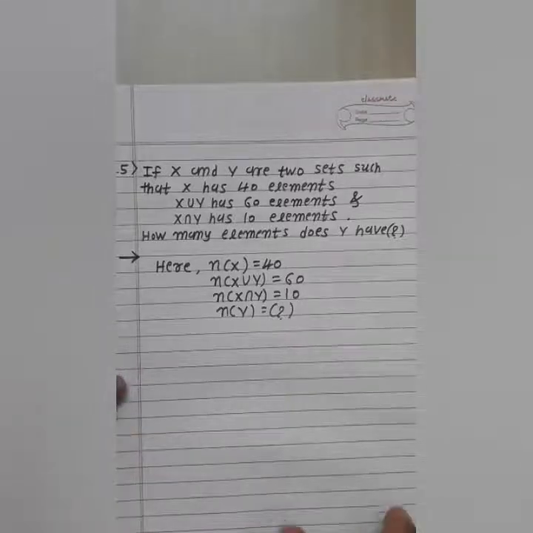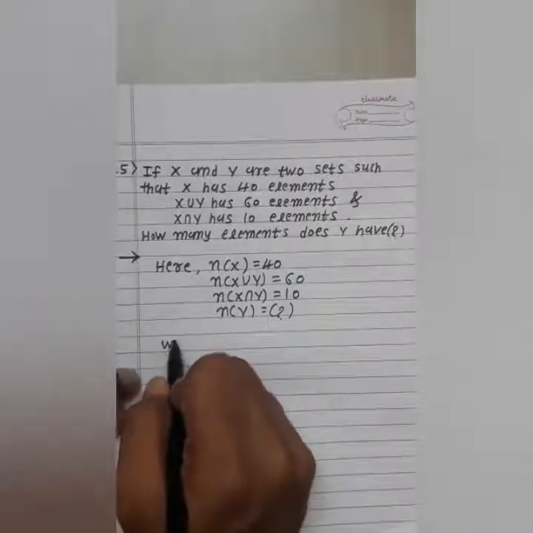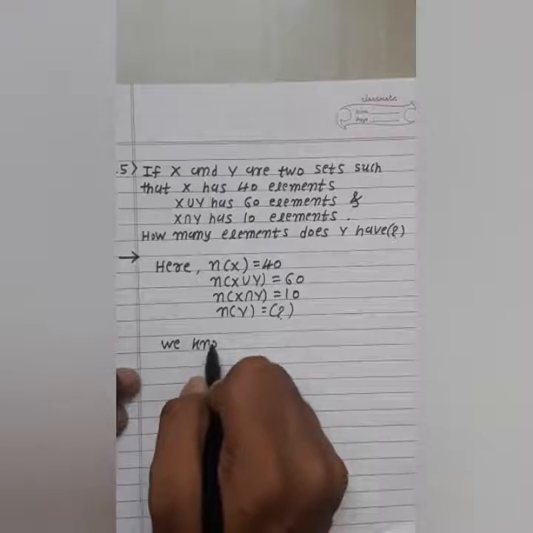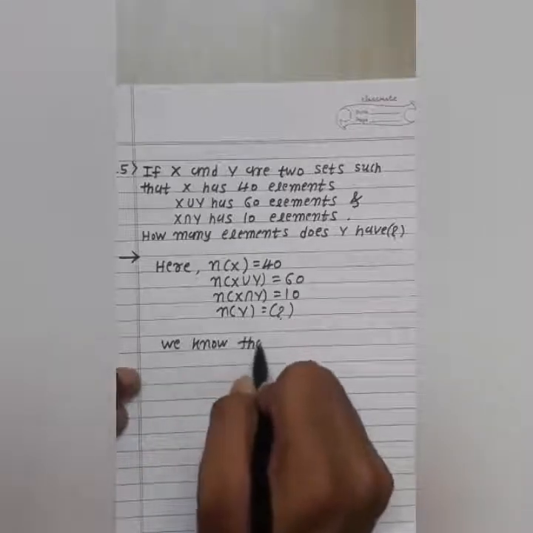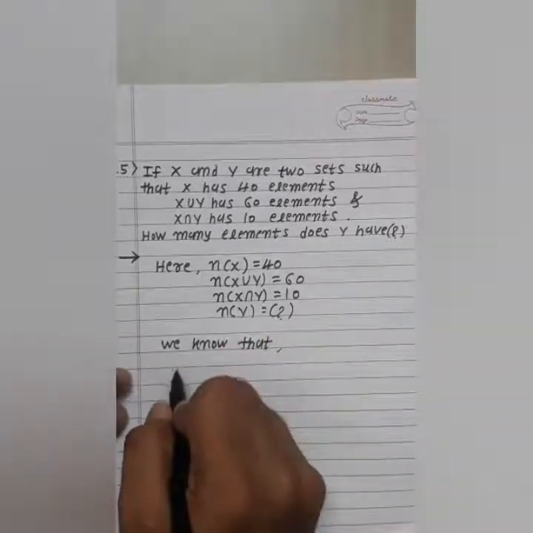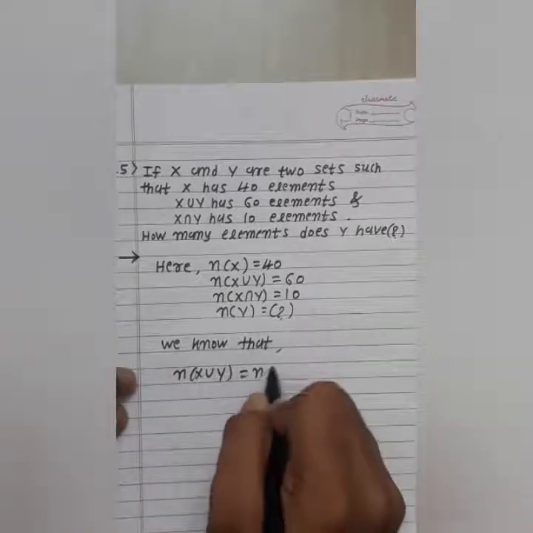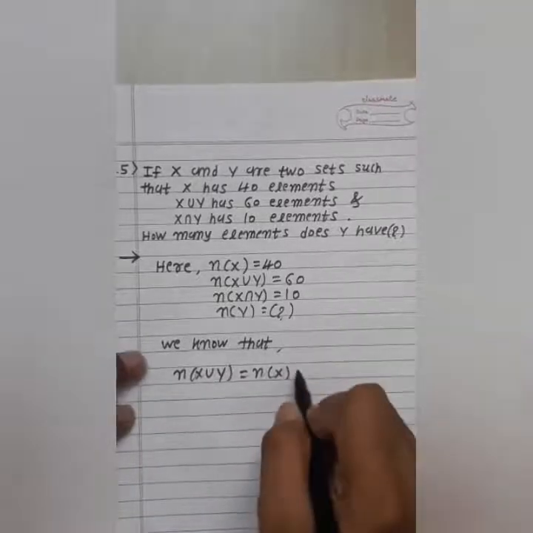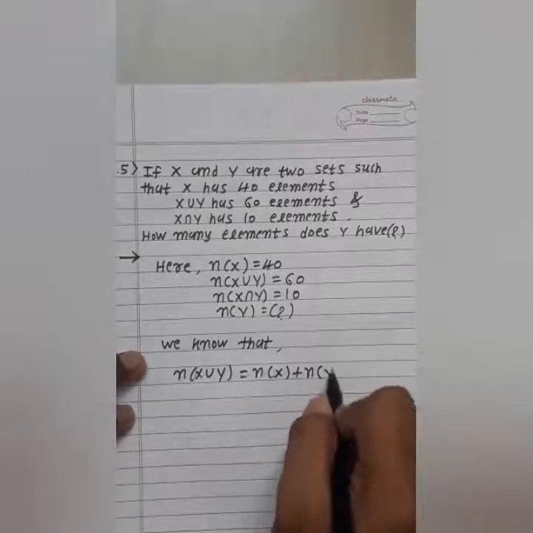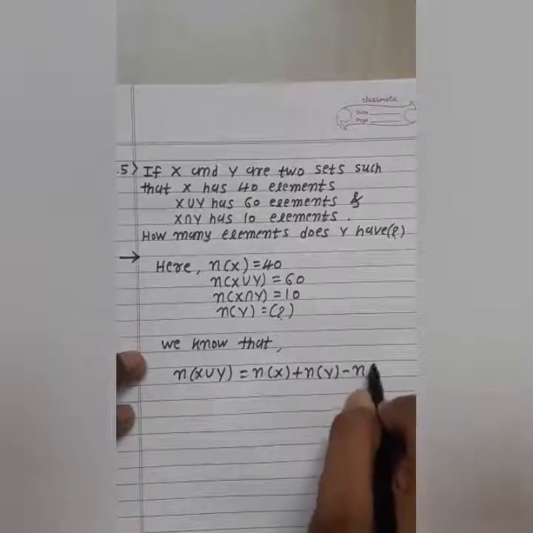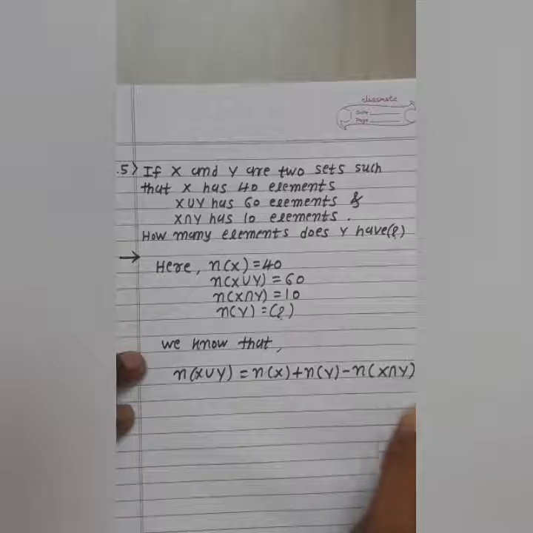Again the same result applies. We know that n of x union y is equal to n of x plus n of y minus n of x intersection y.